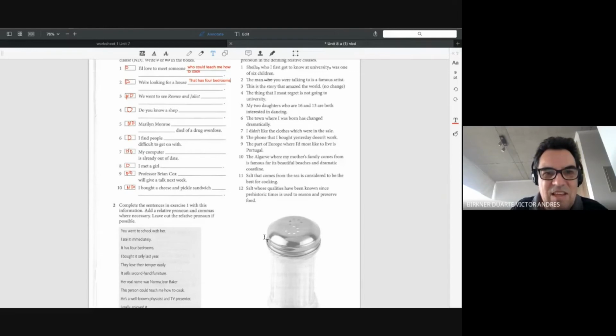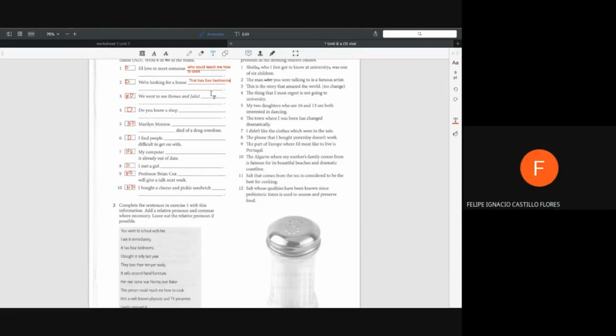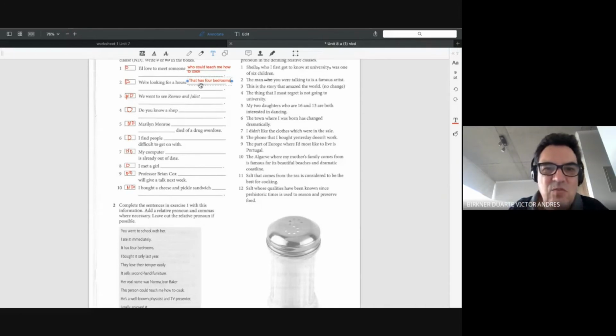Thank you. And can we use also which instead of that? Or can we use both? What do you think? Can we say we're looking for a house which has 4 bedrooms, or just we're looking for a house that has 4 bedrooms? I think we can use both. Yes, you're right. We can use both. In this case, we can use both because in a defining clause we can use both forms, that or which.